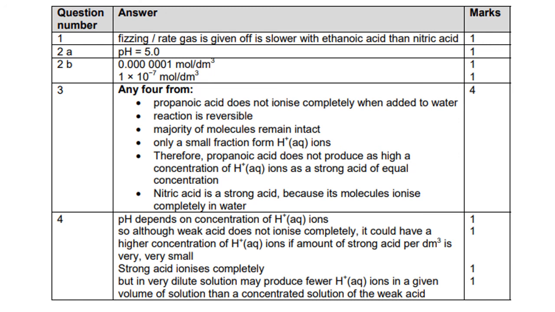Now, the more dilute we make that solution, the lower the concentration of hydrogen ions. In this case, it suggests that even though that acid was diluted, it wasn't diluted to the point where there were fewer hydrogen ions than in the weak acid. So the strong diluted acid still would have a higher concentration of hydrogen ions than the weak acid.